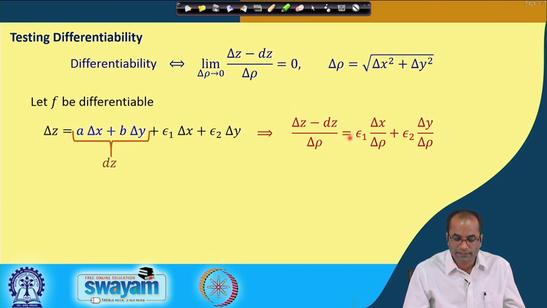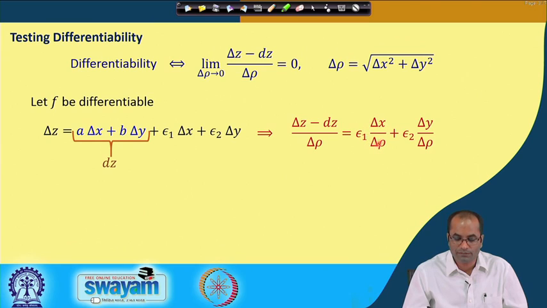We already know that epsilon 1 and epsilon 2 go to 0 as delta x and delta y go to 0, but we have to make sure that the terms sitting with epsilon 1 and epsilon 2, that is delta x over delta rho and delta y over delta rho, are both bounded. But this we can easily see, because delta rho is the square root of delta x square plus delta y square.